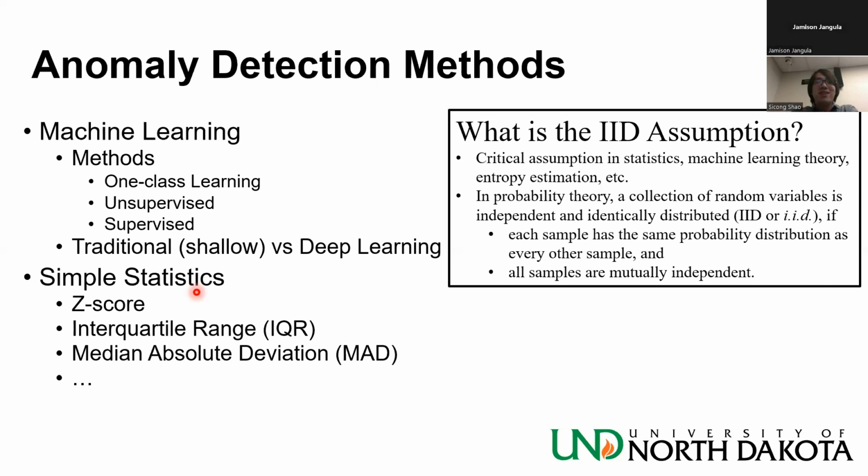And due to the advance of neural networks and deep learning, currently there are also many deep learning based anomaly detection approaches, through neural networks to learn a complicated representation through multiple layers, to learn your complicated data distribution.